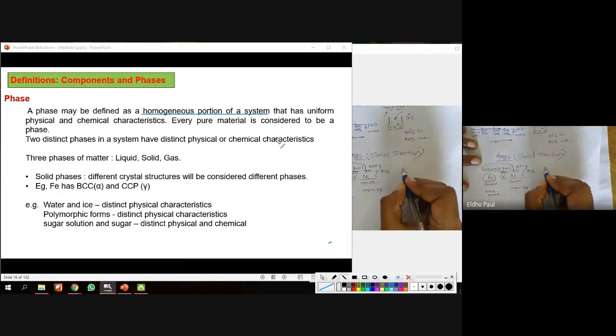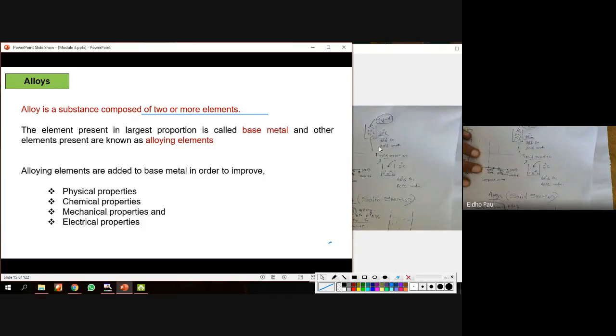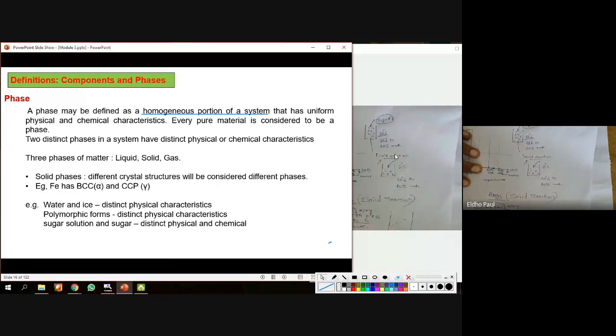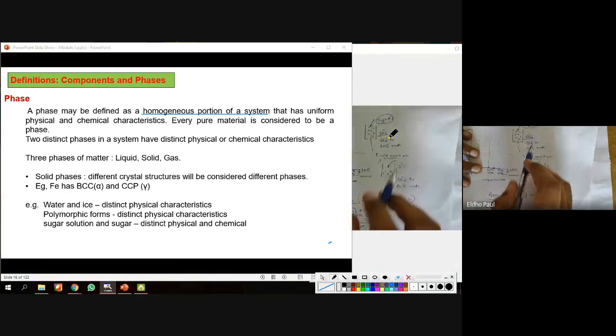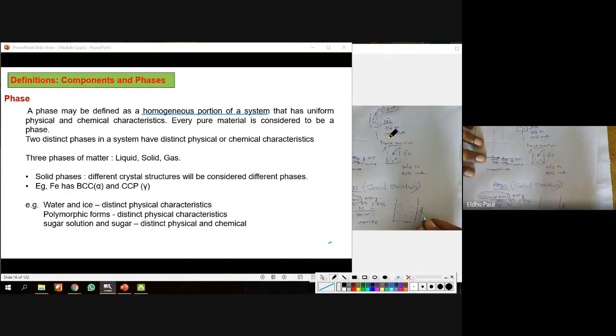Take the case of a sugar syrup solid solution form. For a particular percentage, for example, in this case, I am taking 70% sugar and 30% water at 60 degrees Celsius.